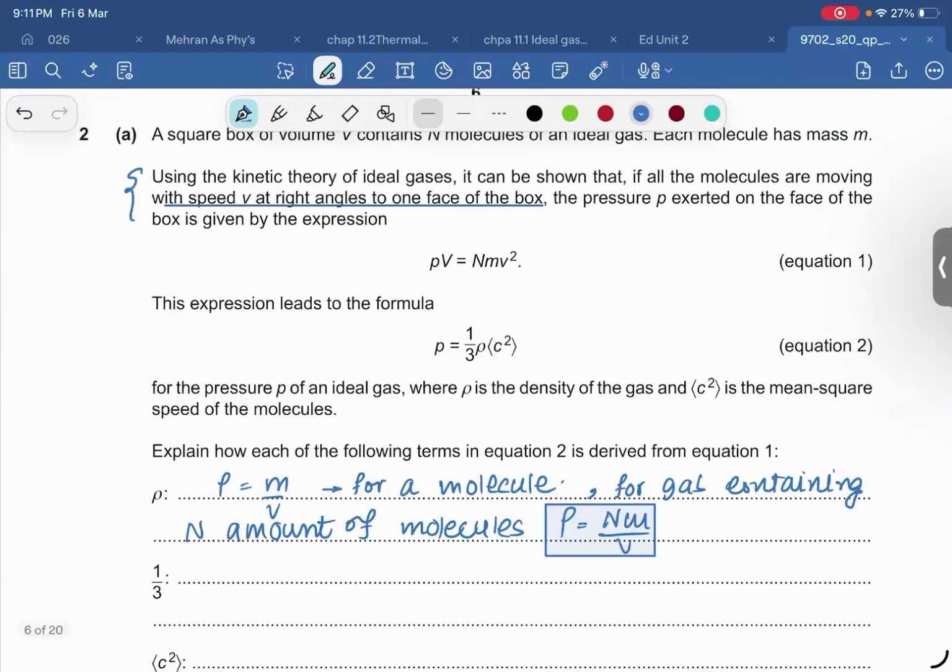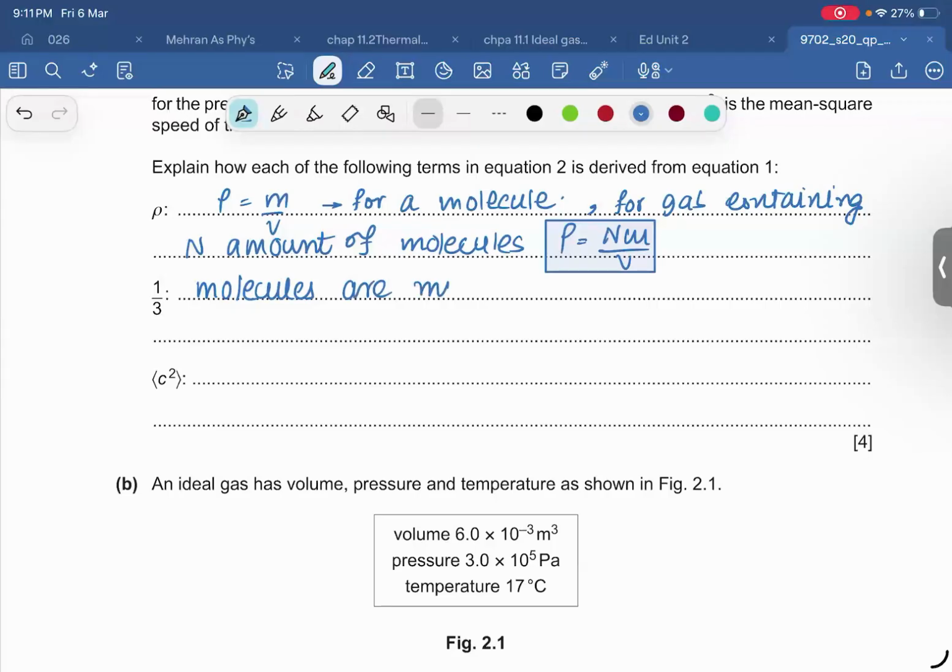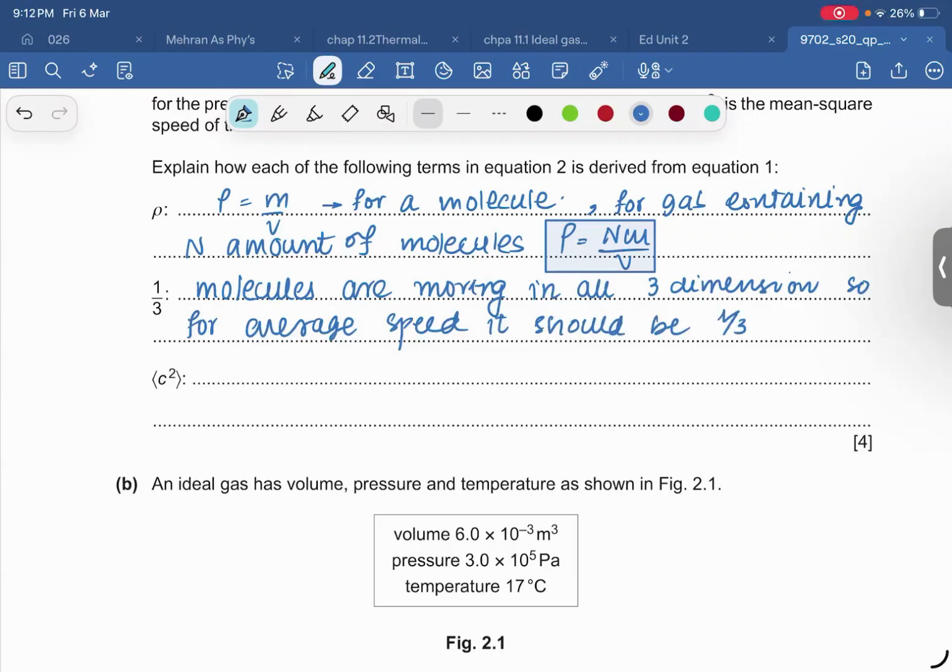For the average speed, it should be 1 over 3, and that is the root mean square value.